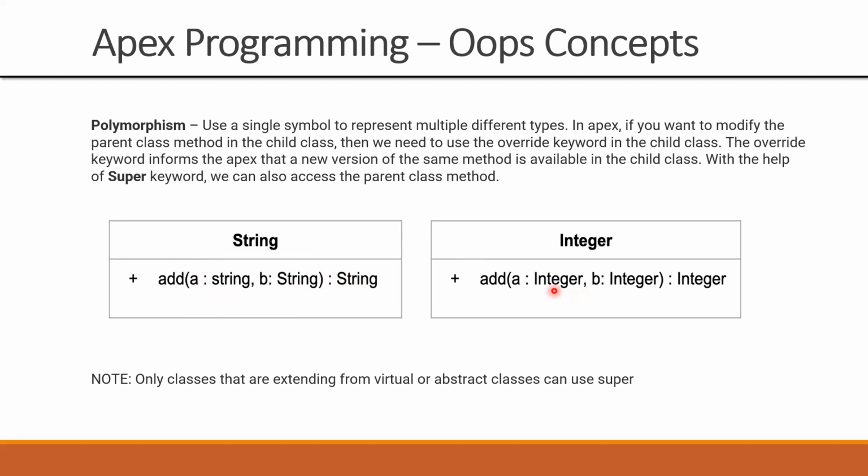But if A equals 10, B equals 20, then the output will not be 10, 20, it will become 30. Because the add method will act as addition on integers, but the same add method will act as concatenation on strings.